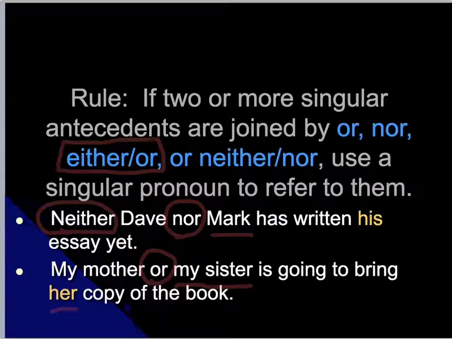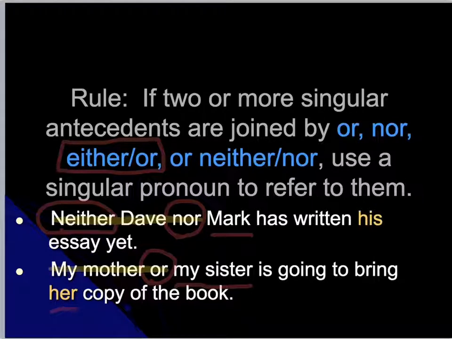One strategy that I would recommend for sentences like these with the either-or, neither-nor combinations is to cross out everything up to and including these nor or words.